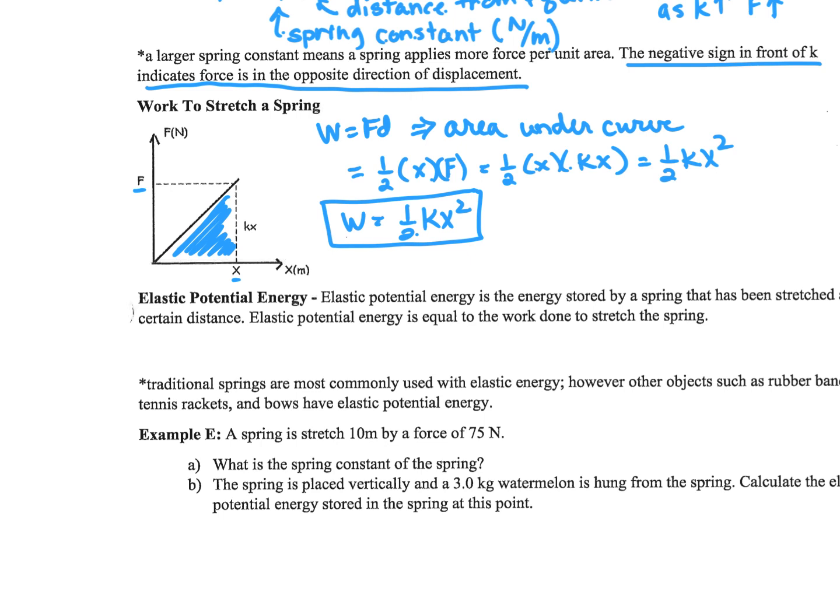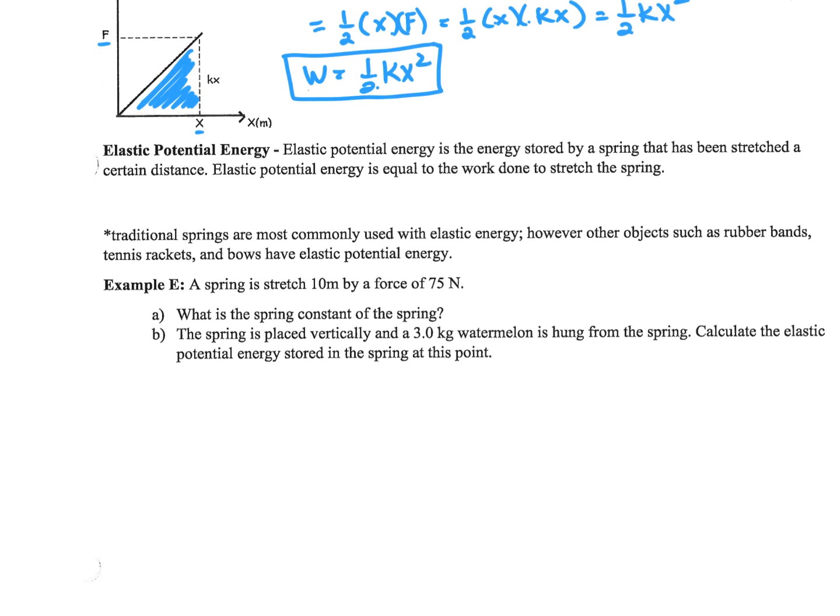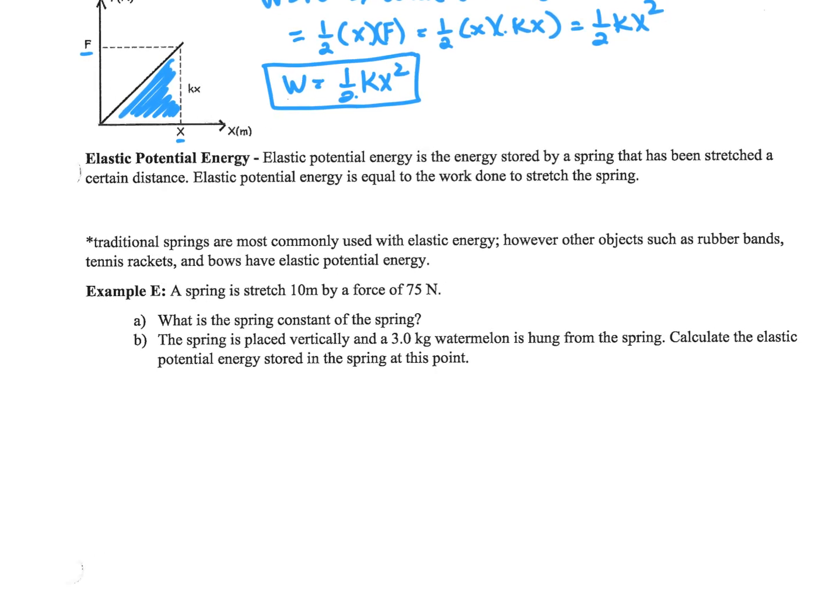But this also looks a little bit like one half mv squared, doesn't it? Sure does. So for springs, one half mv squared becomes one half kx squared. So this is work due to stretching a spring, or work elastic. So U elastic is going to be the work done to stretch the spring, which is one half kx squared.